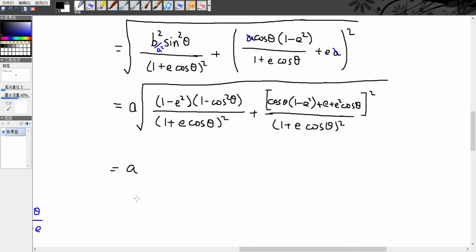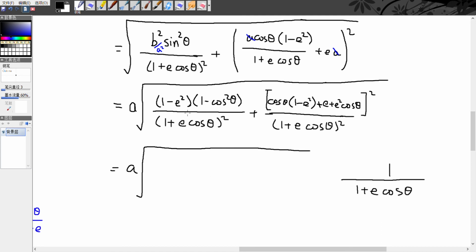And then we can just extract this 1 plus e cosine theta squared over 1 right here, and in the bracket we have 1 minus e squared minus cosine theta squared plus e squared cosine theta squared plus cosine theta minus e squared cosine theta.